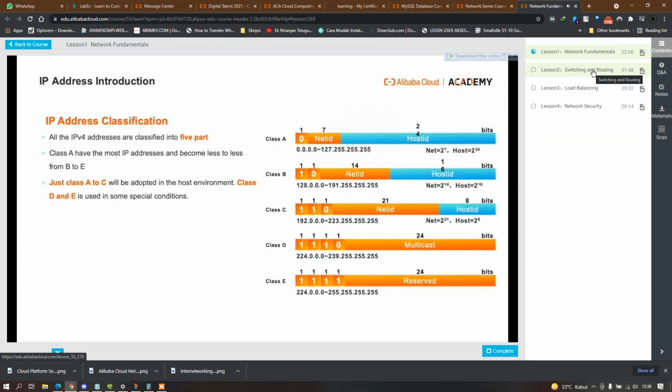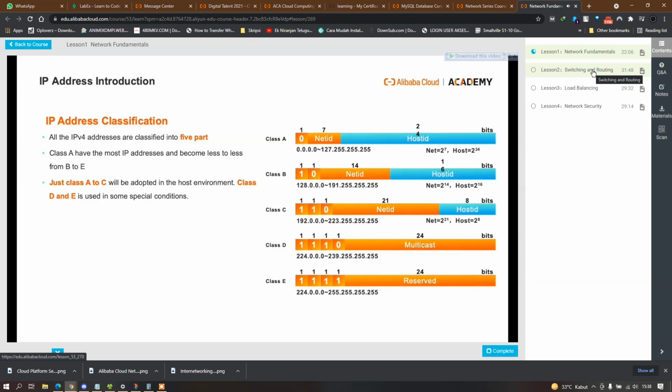Okay, after we have learned about the IP address and the subnet mask, we should know another concept, which is IP address classification. All the IPv4 addresses have been classified into 5 parts: class A, B, C, D, and E. Class A has the most IP addresses, and from class B to C to D to E, the quantity of IP addresses becomes less and less.